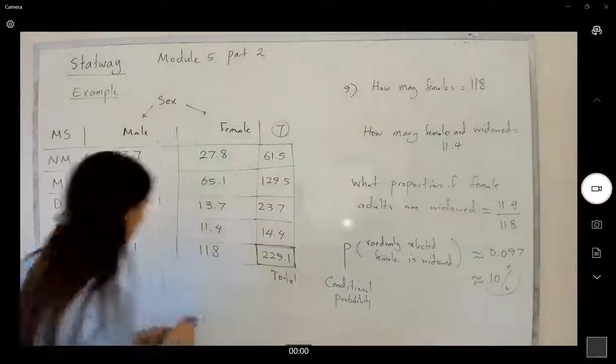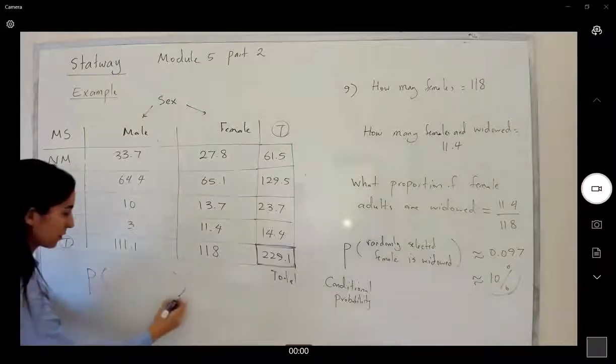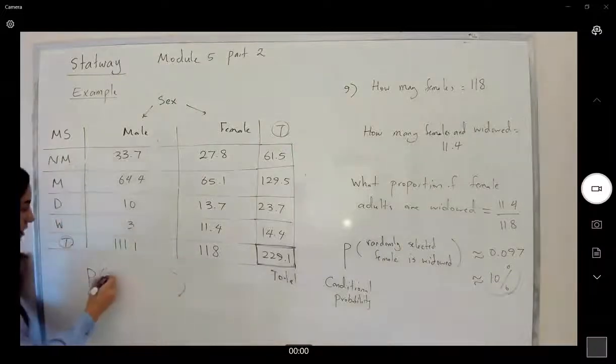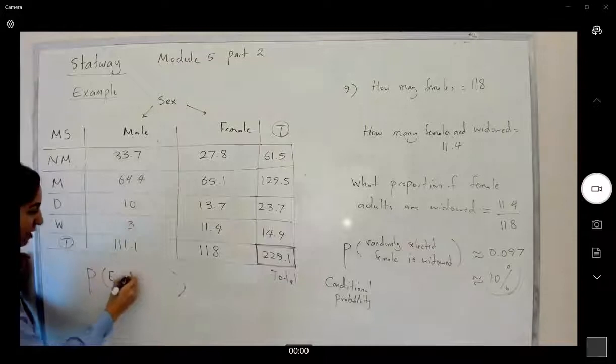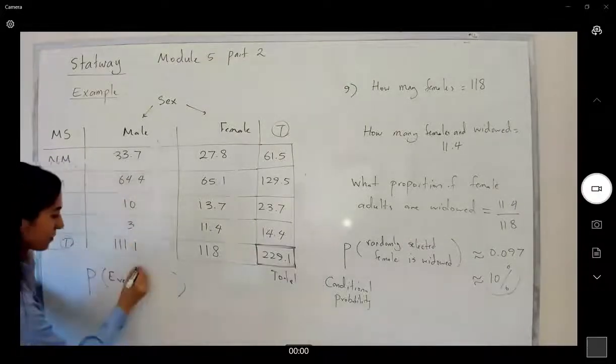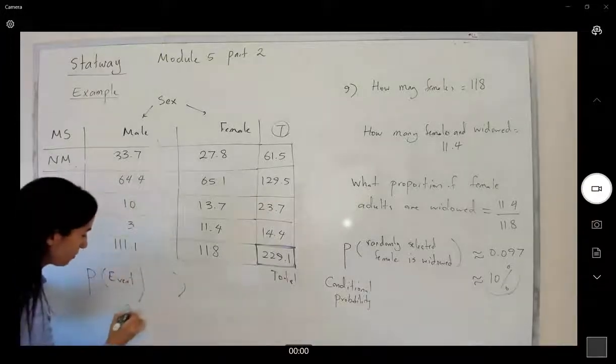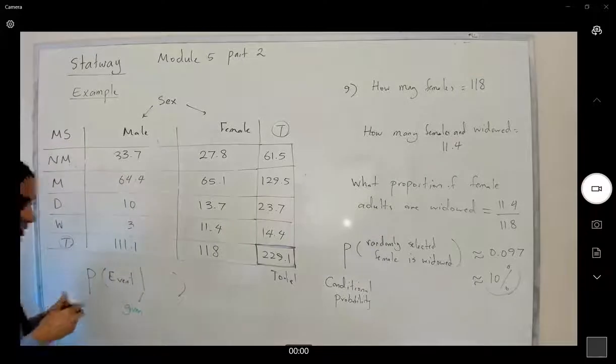These are the things that you learn in conditional probability, and you write it this way. The first event, then a vertical line meaning given, and then the second event.